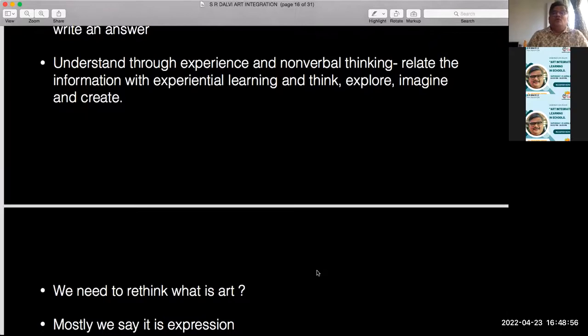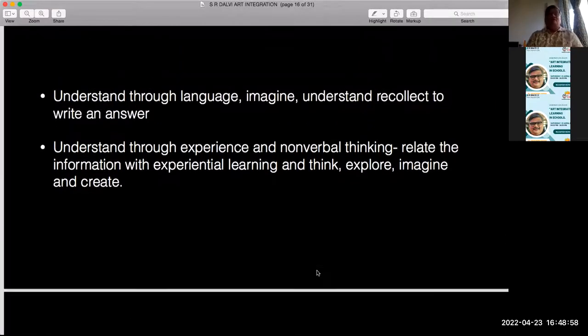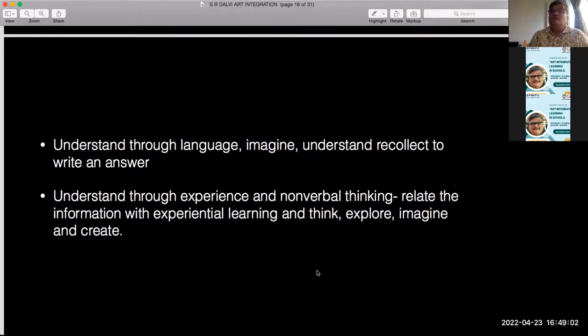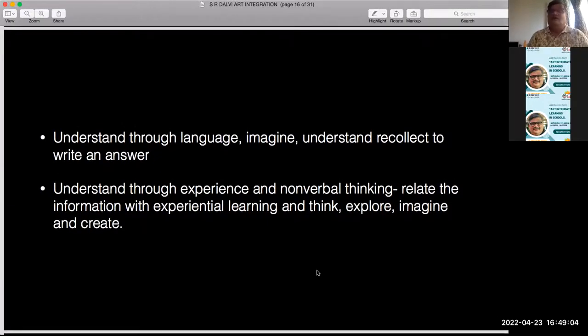You must have observed now, I'm not criticizing anybody, that the Byju's app is talking about understanding concepts.